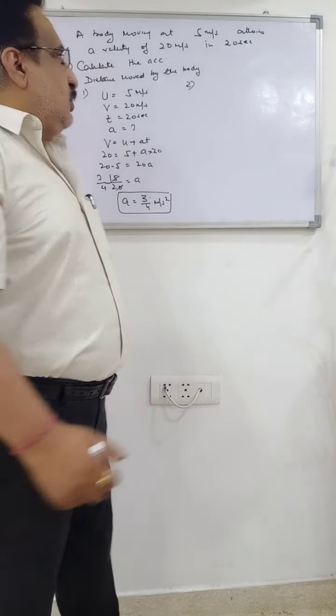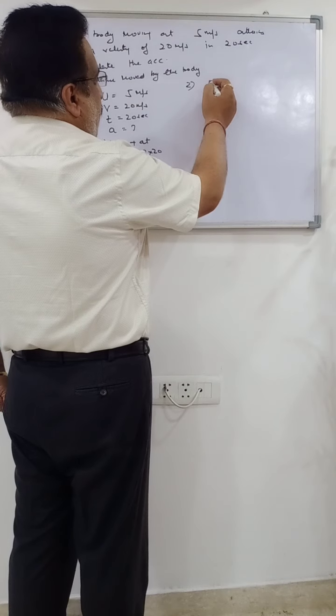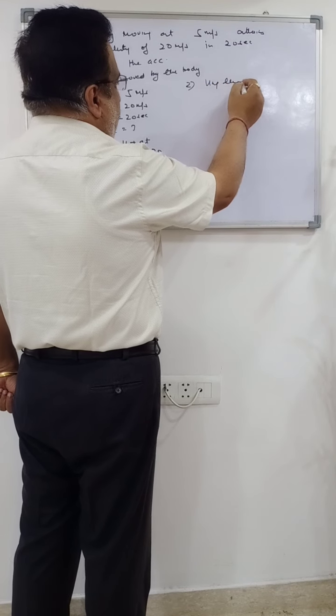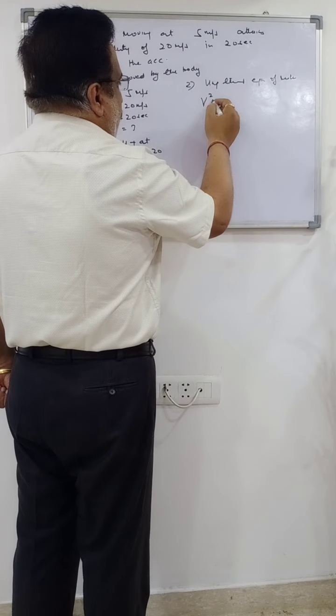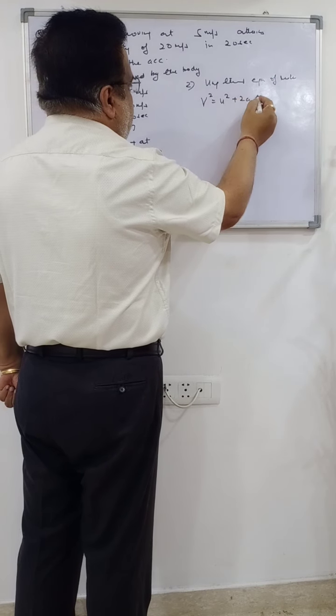Is that clear? Supposing I am using the third equation of motion: V square is equal to U square plus 2as.